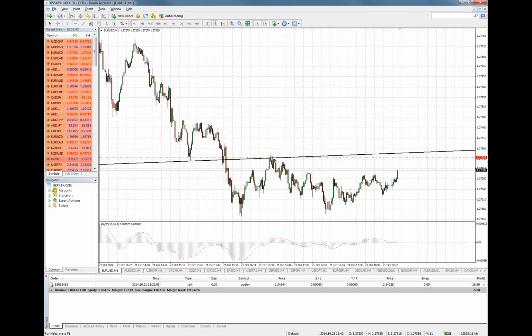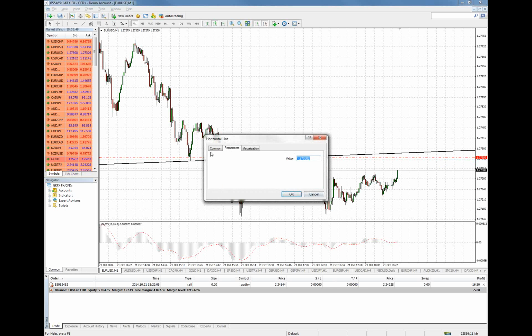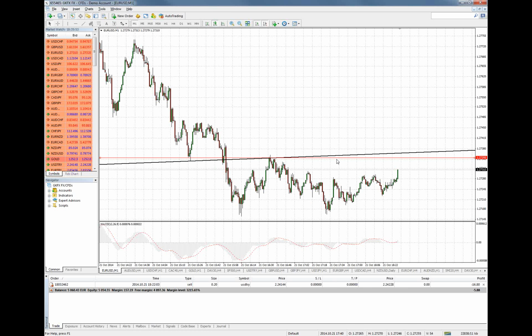For example, here at 1.2735 there is a resistance. Okay, you can see here it was a support. We finally broke the support, and now it's a resistance.